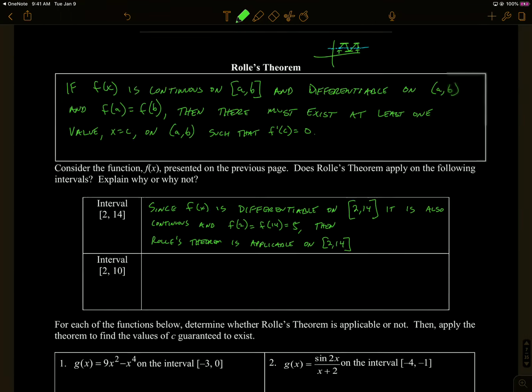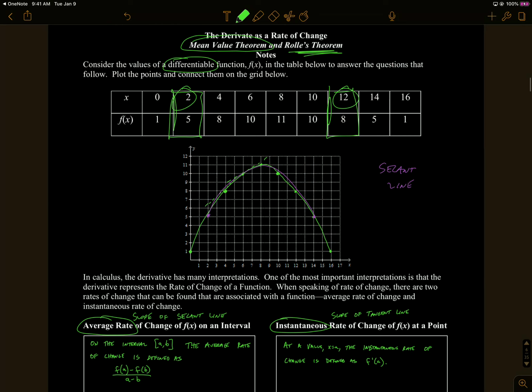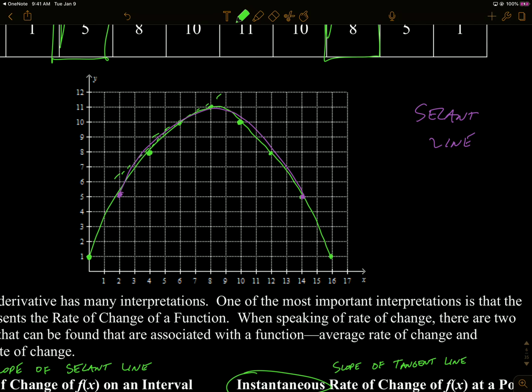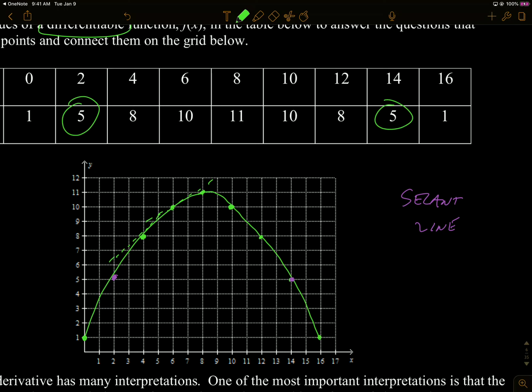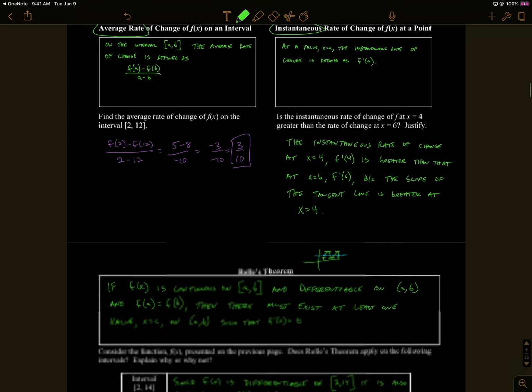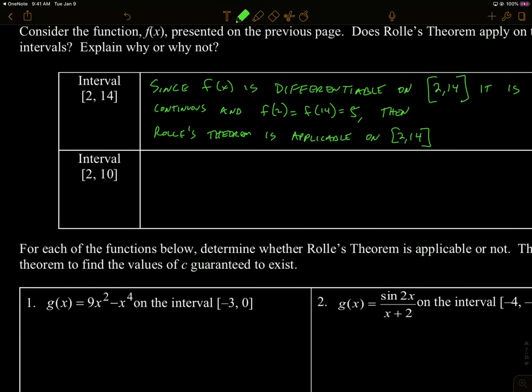How about the interval from 2 to 10? Again, we should probably point out we were doing 2 to 14. Notice that the y values are the same. Now if we go from 2 to 10, the y values are not the same. So Rolle's theorem will not be applicable.